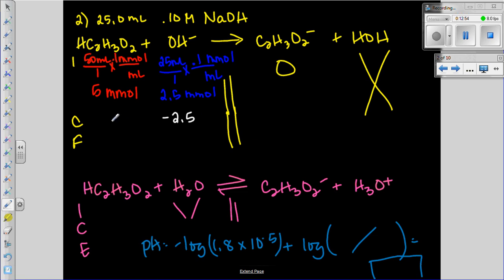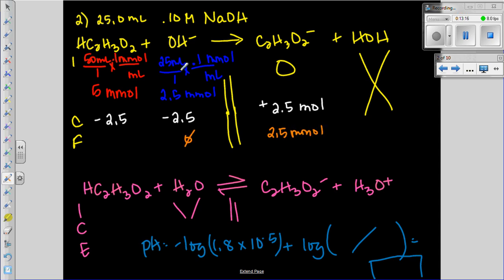So the reactant side will go down by 2.5 millimoles. Product side will go up by 2.5 millimoles. Now, if you were starting with a concentration here, you would just be adding 2.5 to that. So now on my final line, I get 2.5 millimoles for acetate.